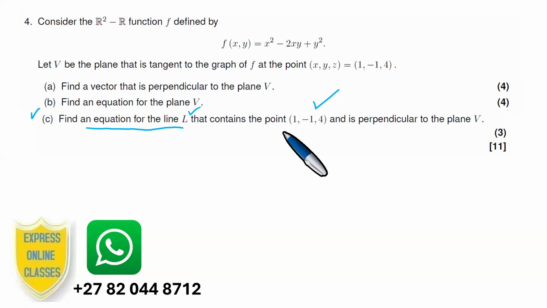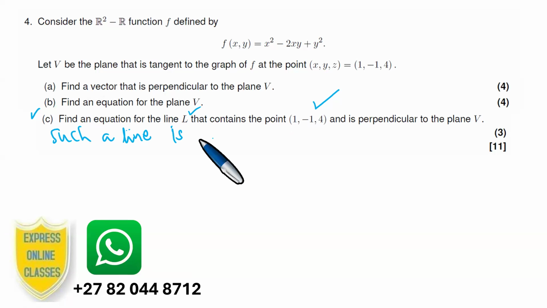So, to find the equation of a line, we do the following. We say such a line, that is what we write first, such a line is parallel to the normal, because it is perpendicular to the plane.